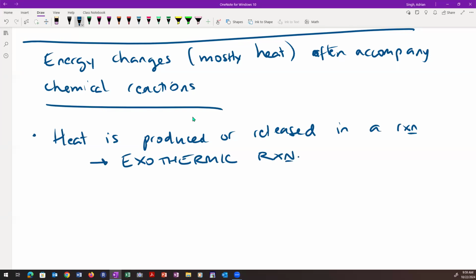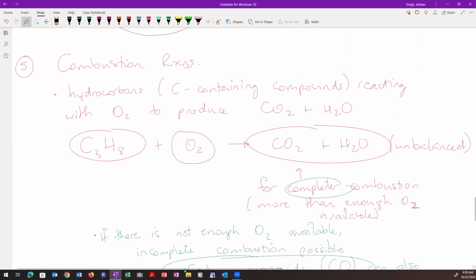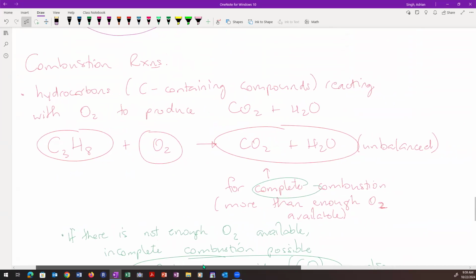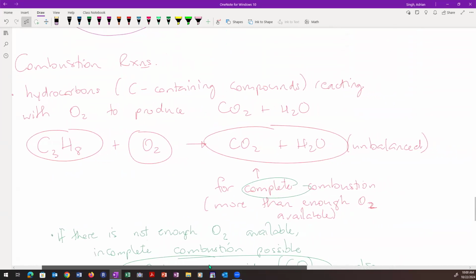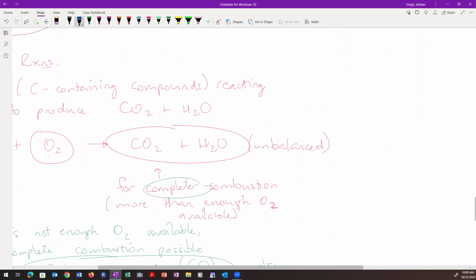Right, so heat energy is given off when that reaction proceeds. So if you go back up to this combustion reaction, you probably know from experience that when you burn a fuel, whether it's propane, butane, whatever, ethane, the gas stove at home, the other thing that we get is a bunch of energy. Right, heat energy, light energy, for example.